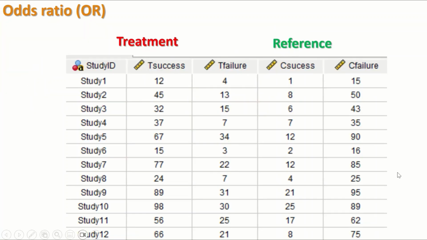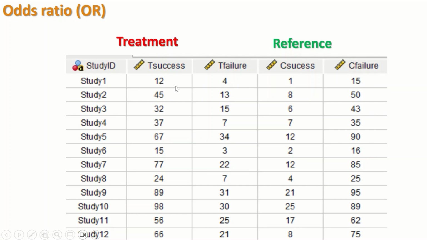Here I have inserted data for 12 studies to perform a meta-analysis, and each study had recruited participants who have been assigned to either a treatment group or a reference group.